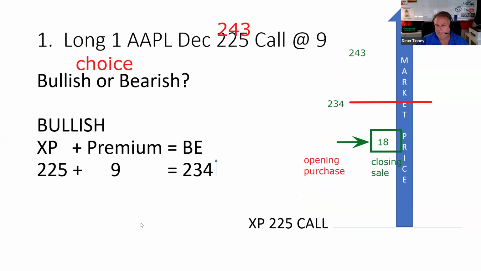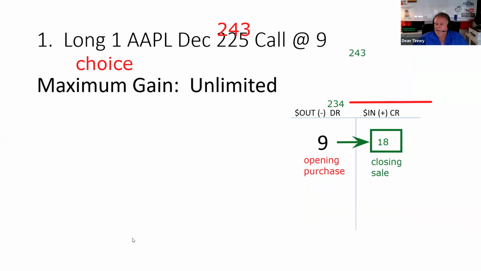That's a different question, right? All right, so here we are. Boom, boom, boom. Hey, if you bought the Apple stock at 227, because that's what Apple's trading at today, and you sold the Apple stock at 243, you'd be a winner. 243 minus 227, you would have made 16 points.